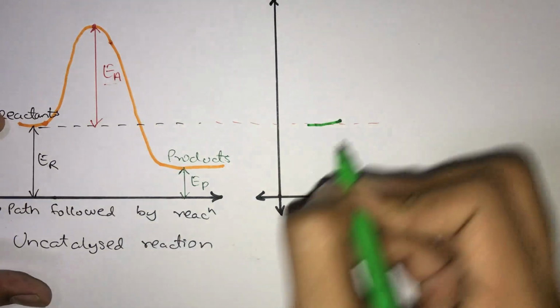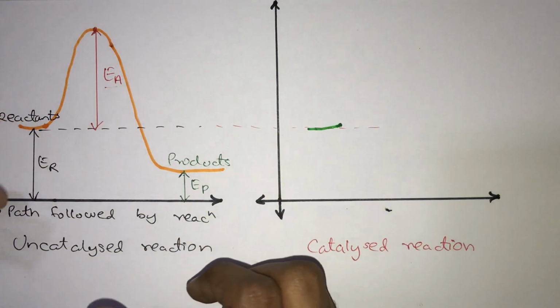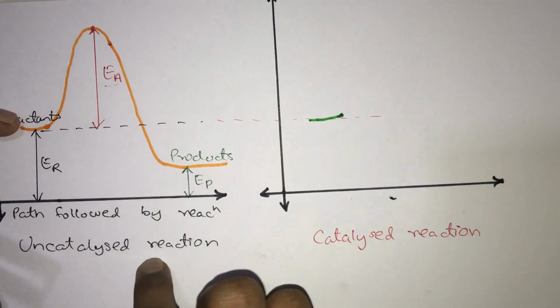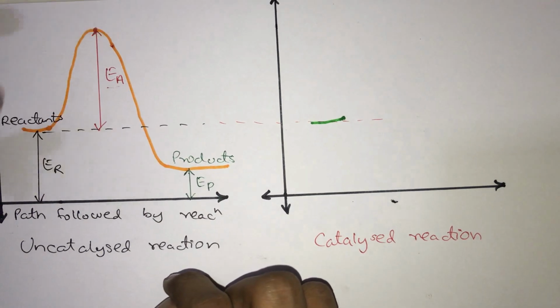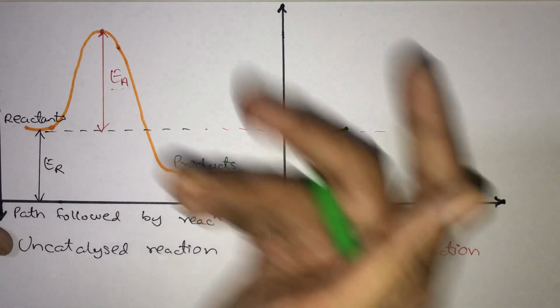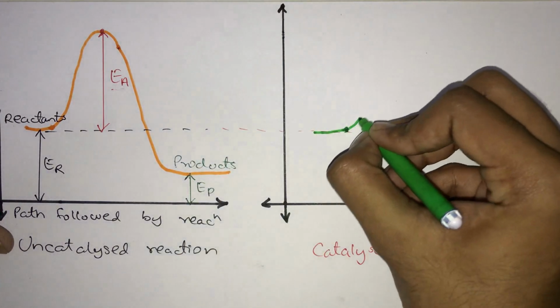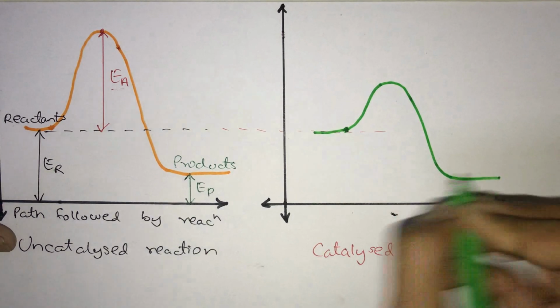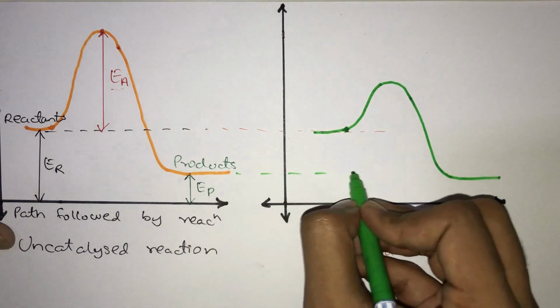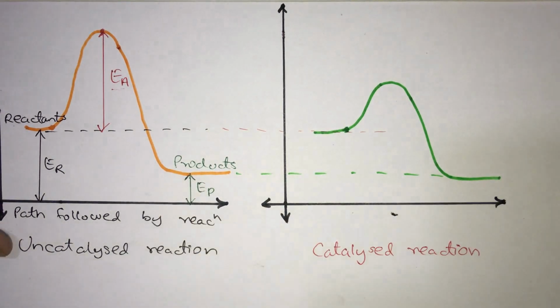Okay. Now initially when the reaction was uncatalyzed, you are required this much amount of activation energy, but when the reaction becomes catalyzed, you now require less amount of activation energy, and obviously the energy of the products is also going to remain the same.